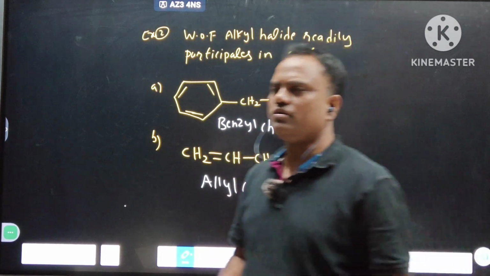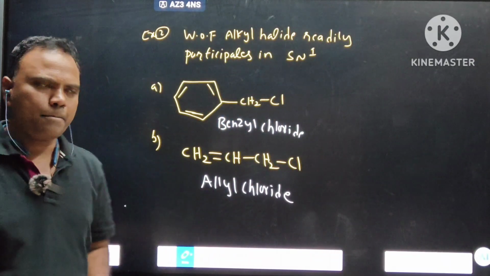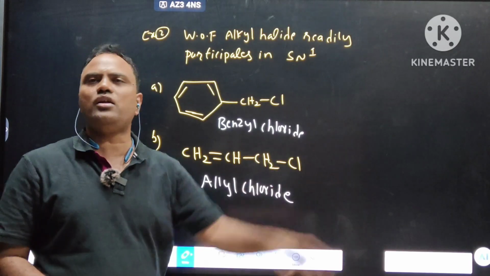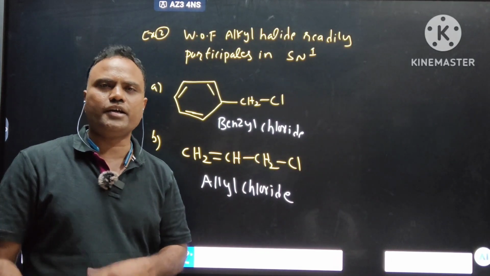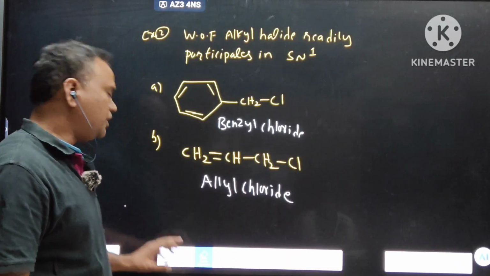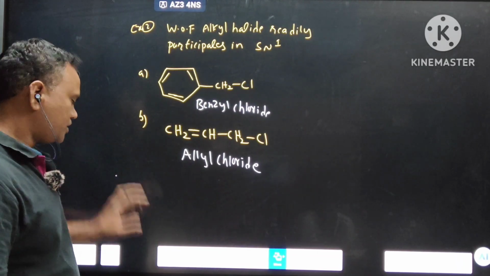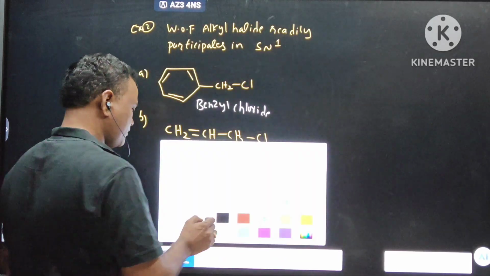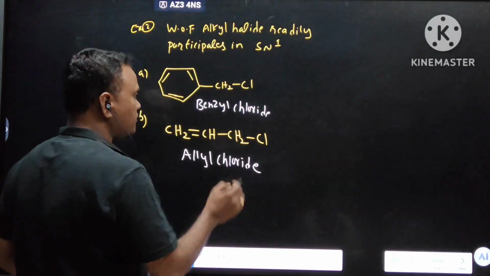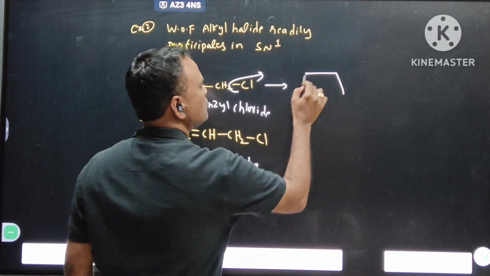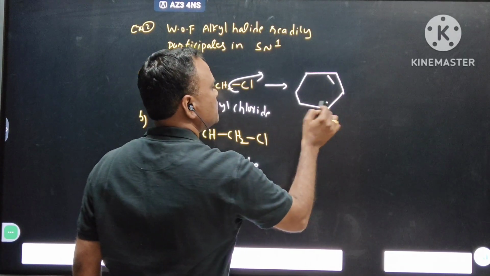Follow the procedure. Yes, benzyl chloride. What is the procedure? Remove the halogen and form the carbocation. Until you get perfection, follow the procedure. Clear? Remove the halogen. Obed and Saad, are you both getting it? What is the procedure?